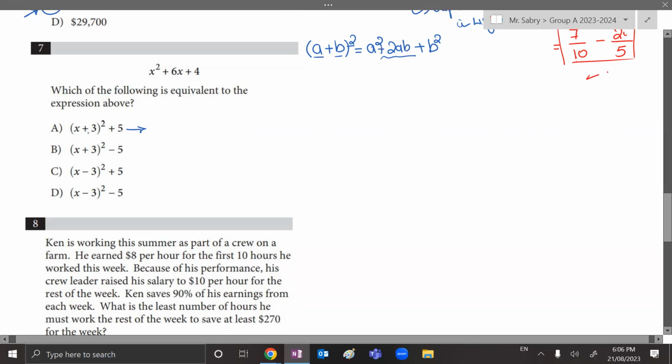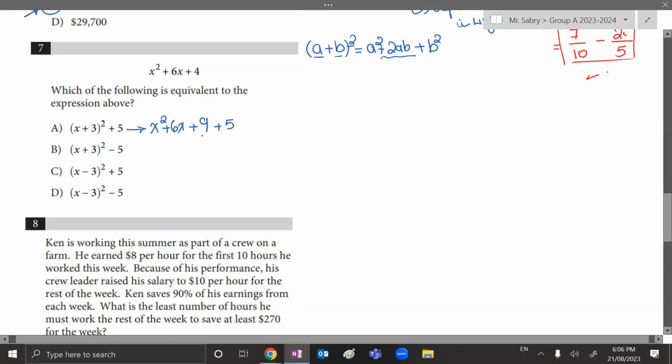So when I expand x plus 3 all to the power of 2, it will become x power 2، بعدين leave space 3 power 2 which is 9. In the middle it's x times 3 times 2 which is 6x, and then plus the 5.